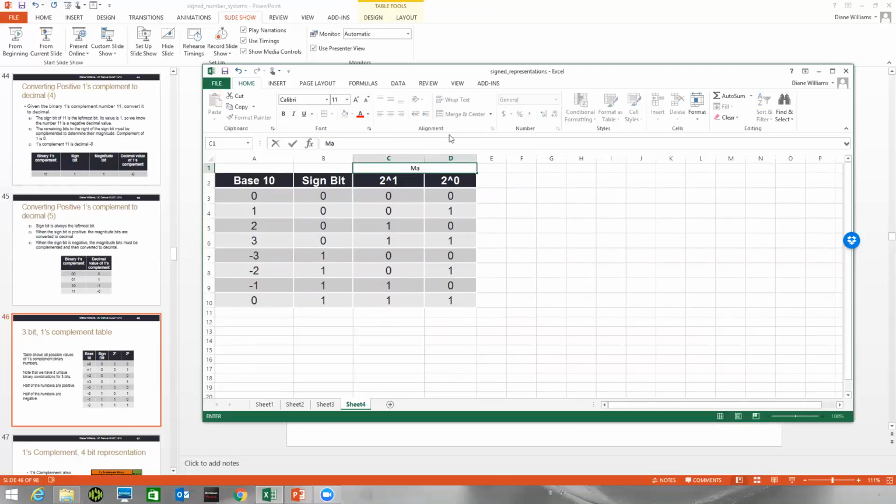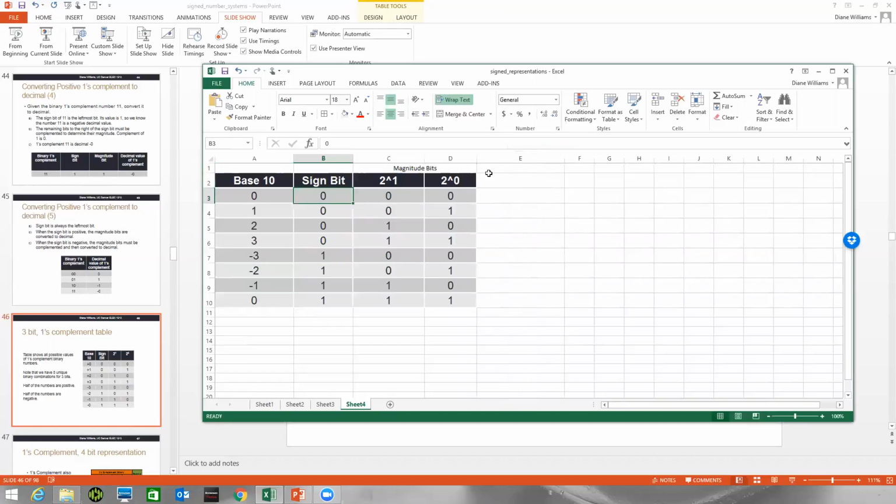These are magnitude bits. Let's see how we form the base 10 values. All right, so we take a look at the sign bit.